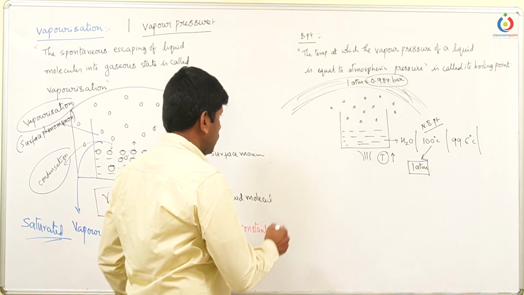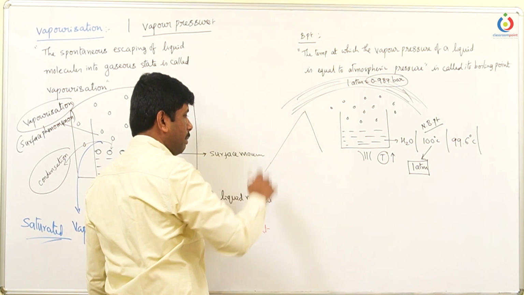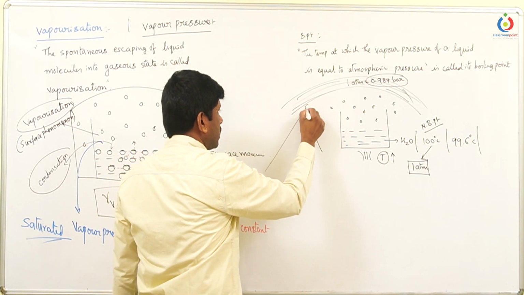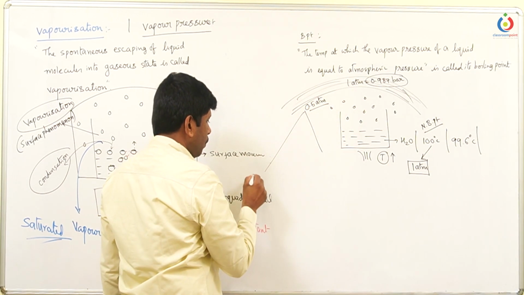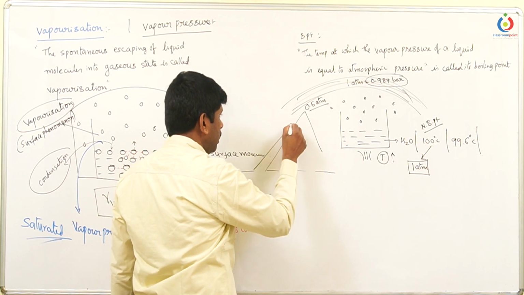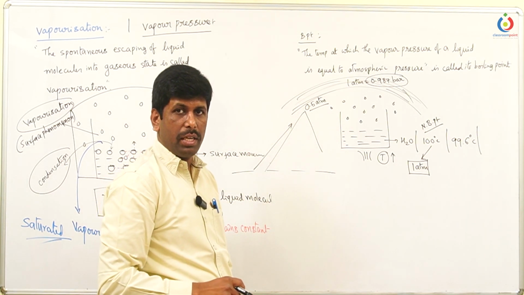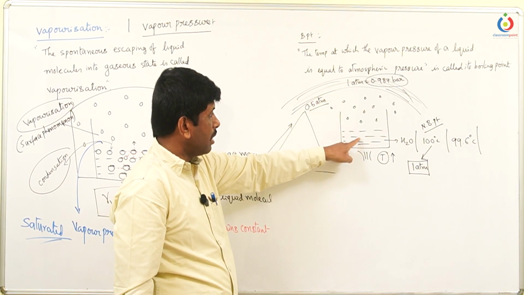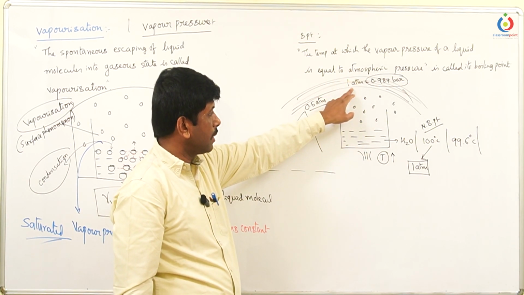Let us take an example. Now you take this water to higher altitudes. Imagine this is the peak of a mountain. At the Himalayan mountains, the atmospheric pressure is only 0.5 atmosphere. So when you go from sea level to the peak of the mountain, the atmospheric pressure decreases. So the liquid need not create that much pressure to oppose it.